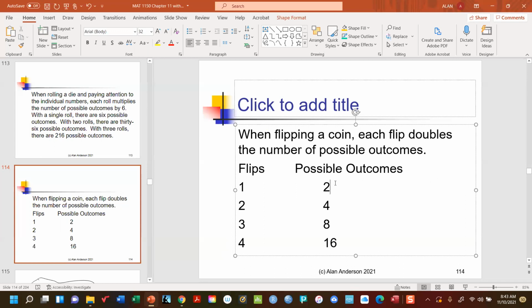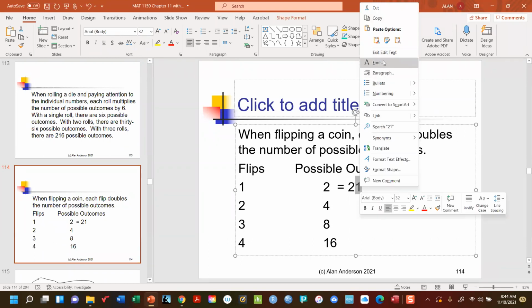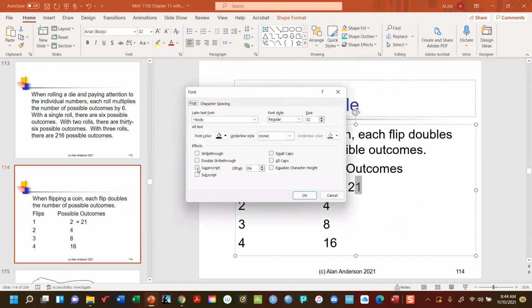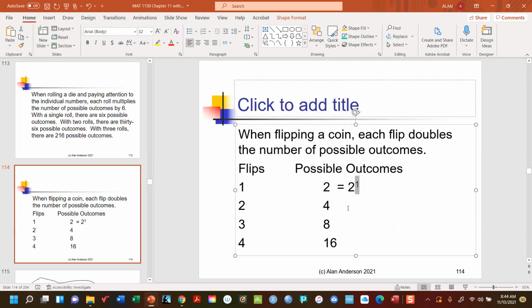And here's the key to the whole thing, this will help you remember this. This is nothing but 2 to the first power. Making superscripts in PowerPoint is kind of a headache, so hold on one second while I fill this in as painlessly as possible.